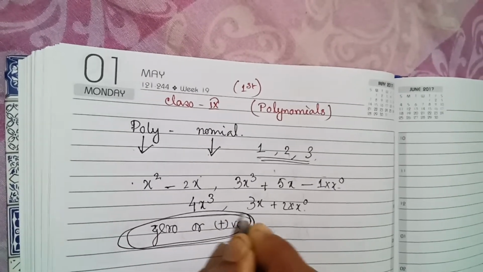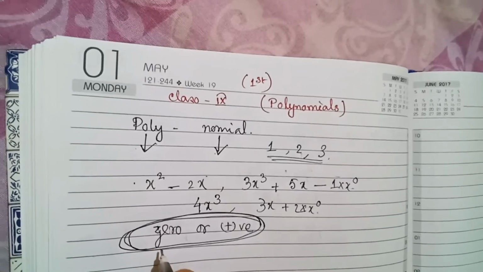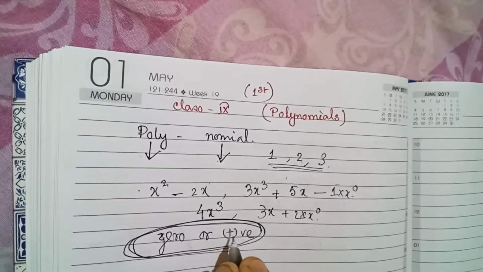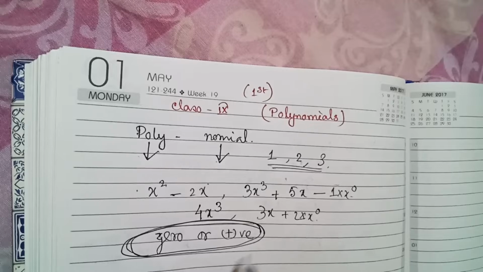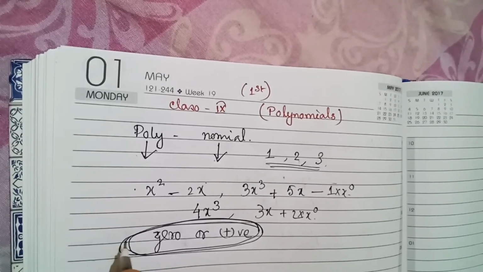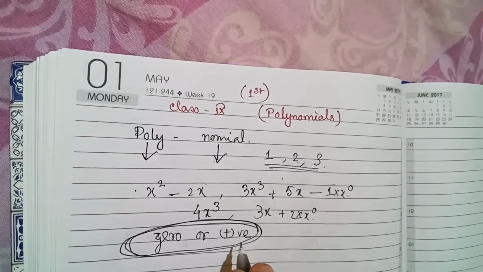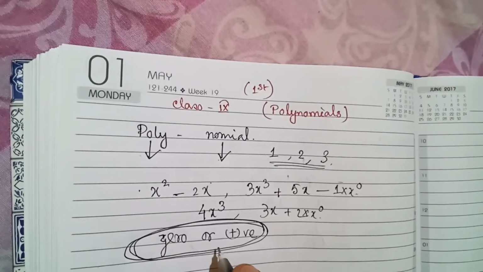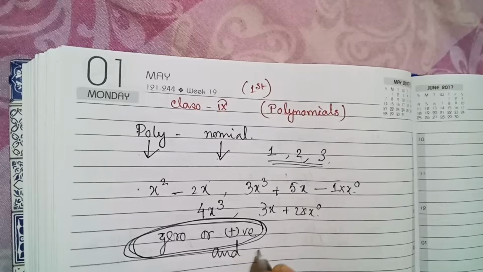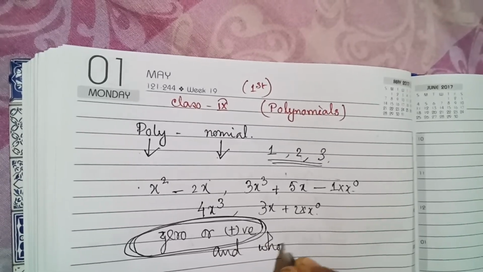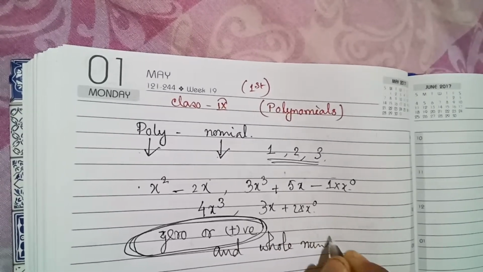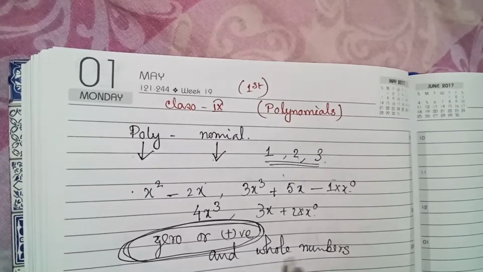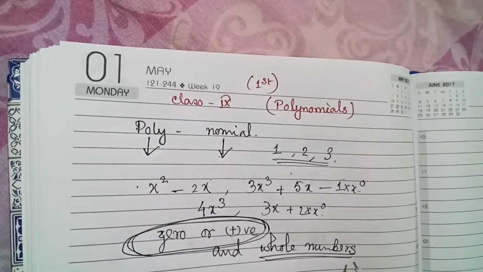This must be there. If the power is negative or if the power is a fraction, then we will not take it as a polynomial. That means 0 or positive and whole numbers.